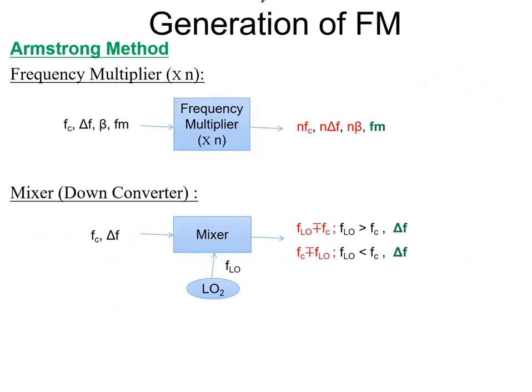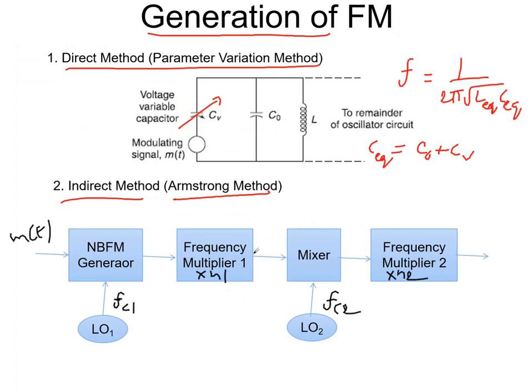Now, in this generation of FM by the indirect method, you are going to study the Armstrong method as discussed in the last slide. You have two blocks, the frequency multiplier and the mixer. You have already seen what narrowband FM is, so no need to discuss that. But you should understand the role of the frequency multiplier and the role of the mixer.